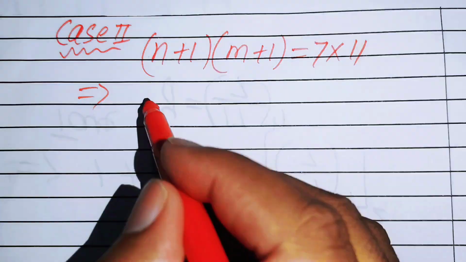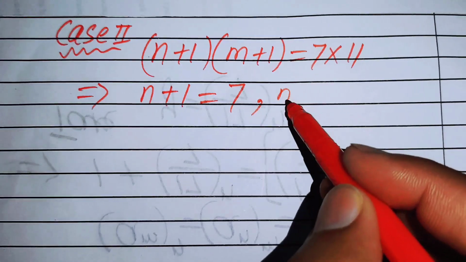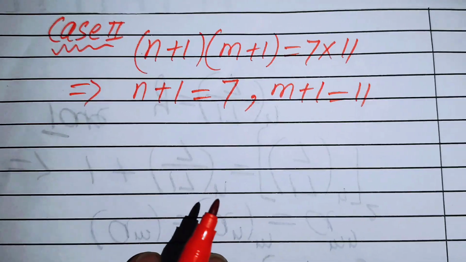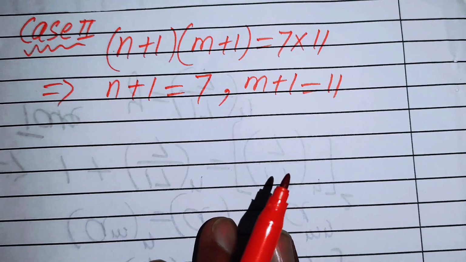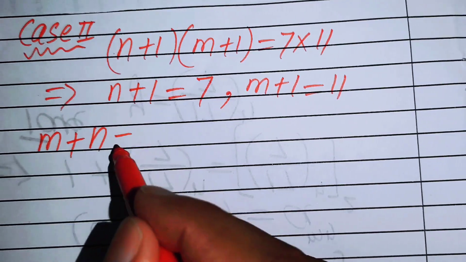So in this case you get the value of n plus 1 is 7 and the value of m plus 1 is 11.